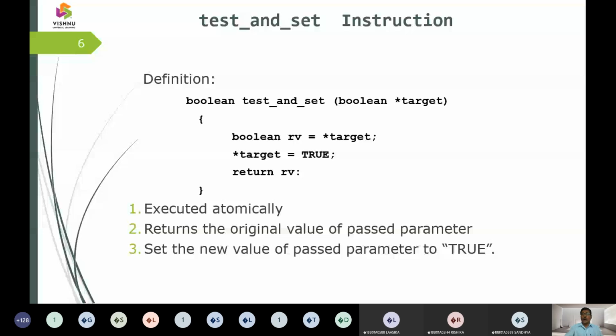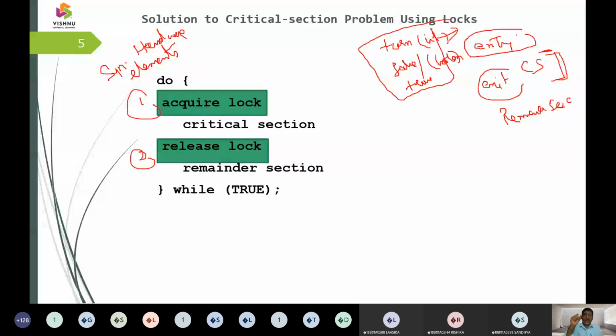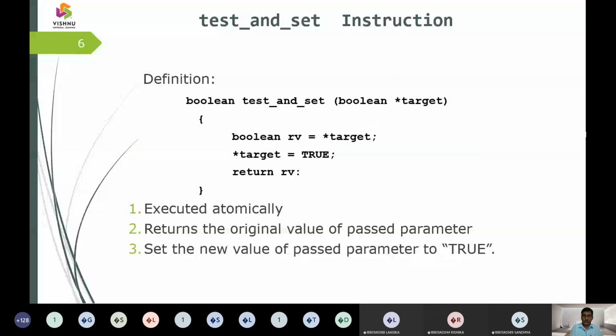Now, whether a process has acquired a lock or has released a lock has to be verified. So whether a lock has been taken up or not taken up has to be verified. How is it verified? It is verified with a function, and we are going to call that function test and set.